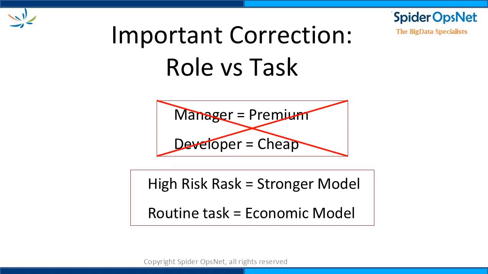A manager drafting a routine meeting reminder probably needs only Luna. A developer investigating a complex production failure may require Sol. Route according to task complexity, risk, and verification, not seniority or job title.